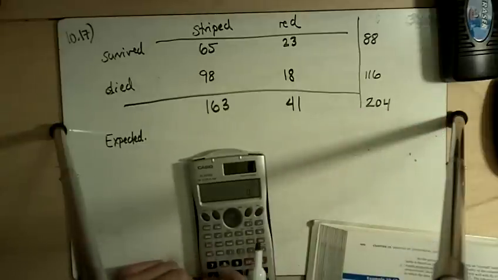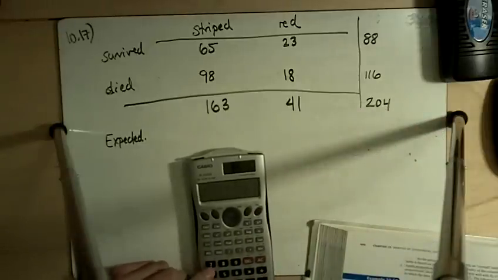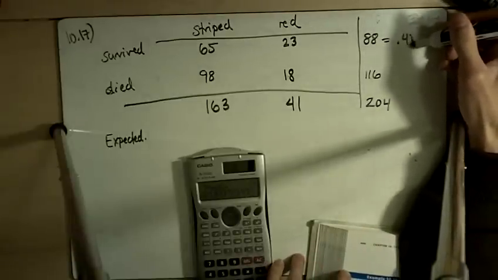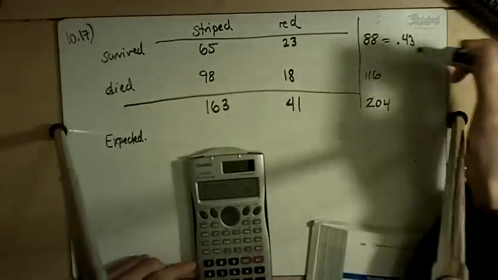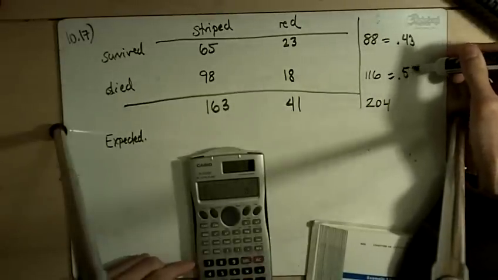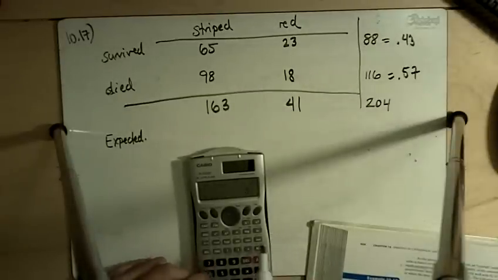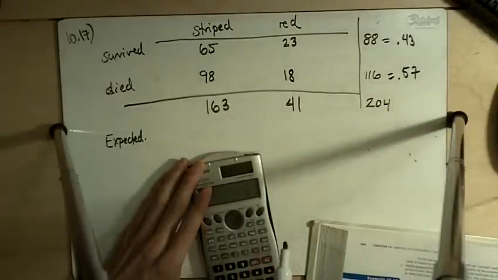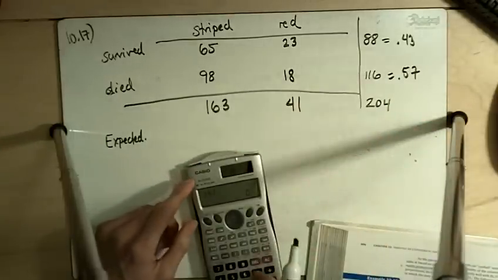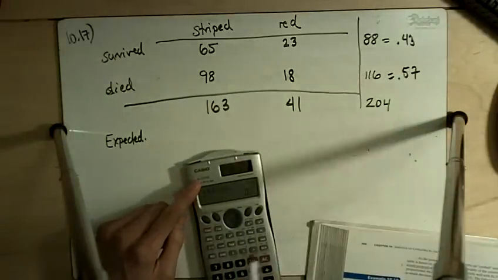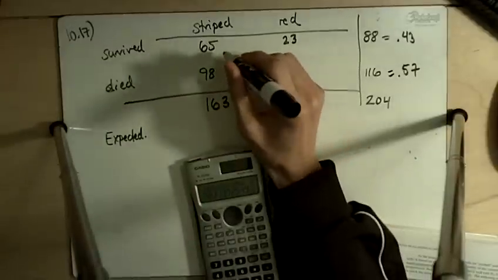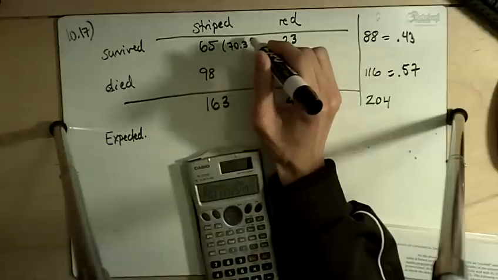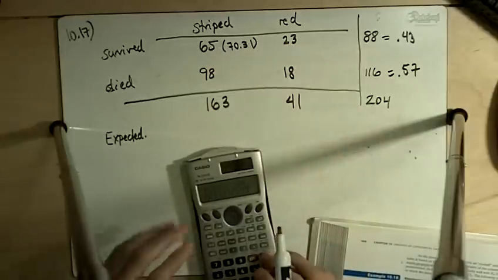That means about 43% survive and 57% die. So if we do 43% of 163, I'm just going to do 163 times 88 divided by 204. We're expecting 70.31 to survive.